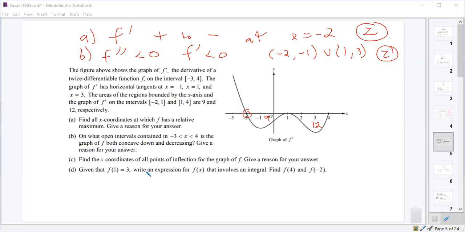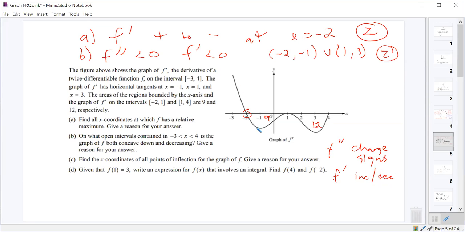All right, part C, we want to find all of the x coordinates of points of inflection for f. So if f has a point of inflection, that means that f double prime needs to change signs, which means that f prime needs to go from either increasing to decreasing or decreasing to increasing, right?